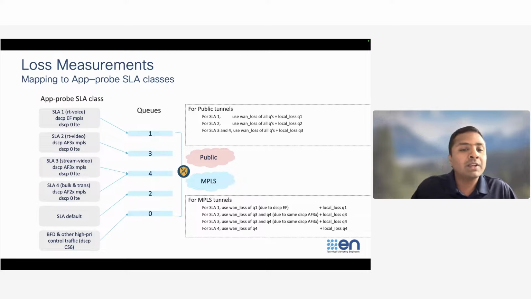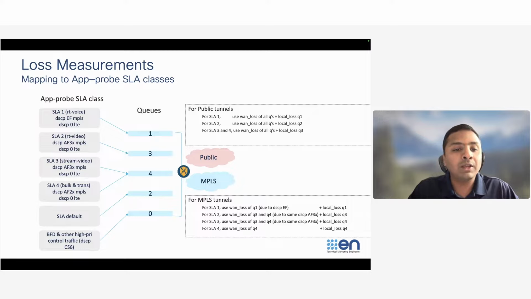For SLA2 and SLA3, they're using the same DSCP, AF3X, and they're mapped to the MPLS transport. Because they're using the same DSCP, we will account for WAN loss on both the queues. SLA2 is mapped to Q3, SLA3 is mapped to Q4. So when we want to measure the local loss and WAN loss for SLA2, we take the average of Q3 WAN loss and Q4 WAN loss because they're using the same differentiated services DSCP, and we use just the local loss of Q3.